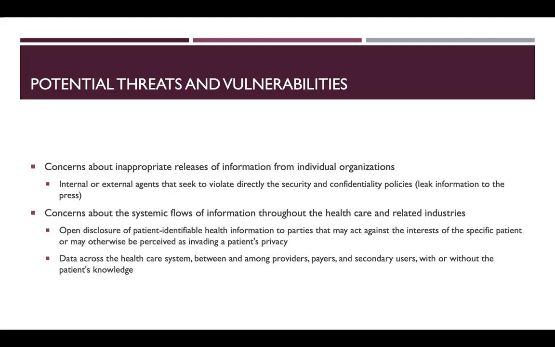For example, internally we might have employees that may intentionally leak information to the press because the patient is a celebrity and it has very high focus from the outsiders. And also external agents could also be intentionally trying to get that information during the process of the data transfer.